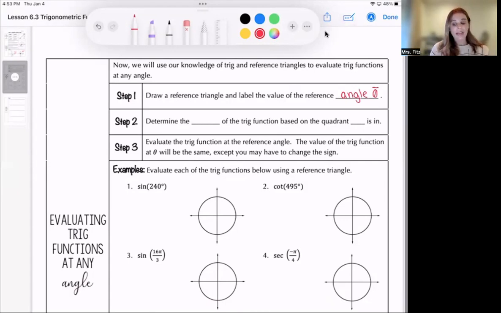Okay, then it says determine the sign, that's positive or negative, of the trig function based on the quadrant theta lands in. So your actual original angle, where does theta land? Evaluate the trig function at the reference angle. The value of the trig function at theta will be the same, except you may have to change the sign.